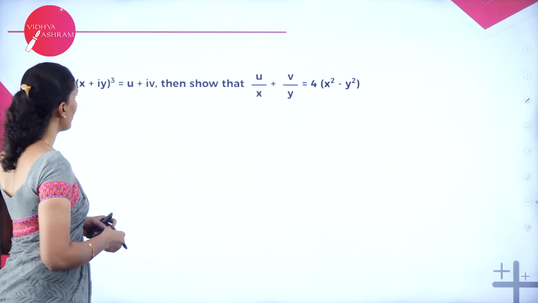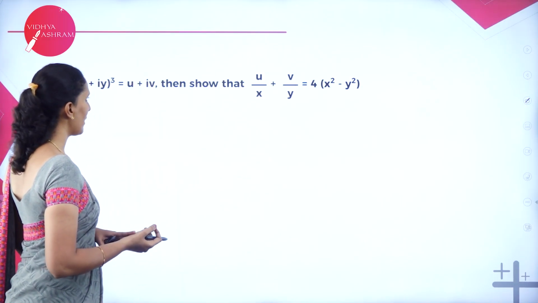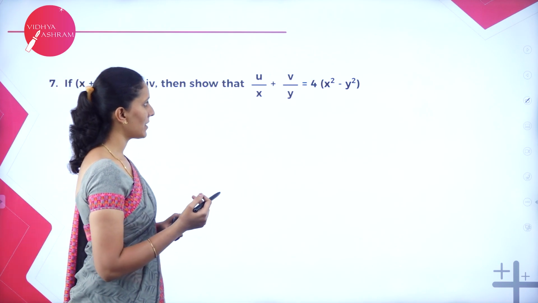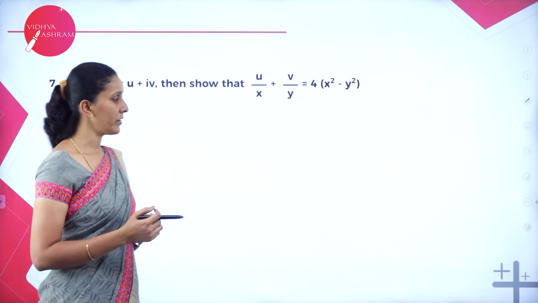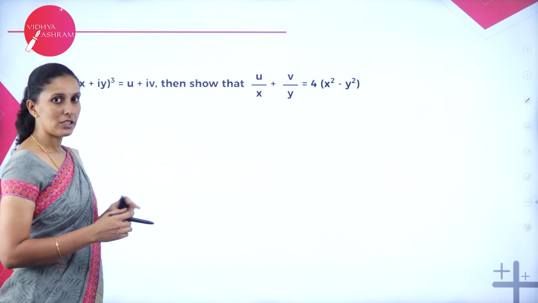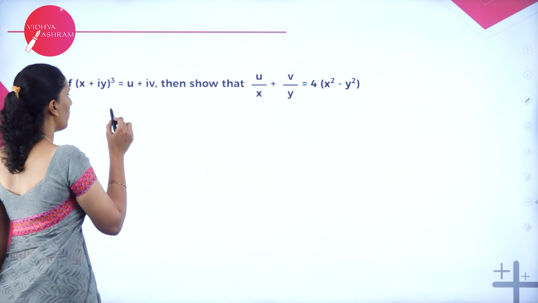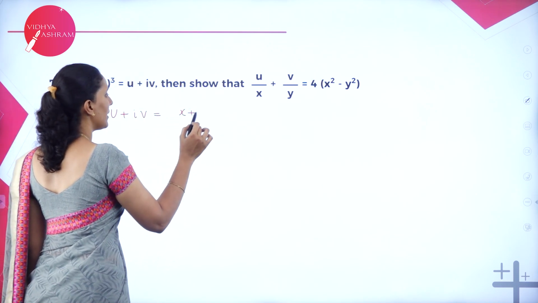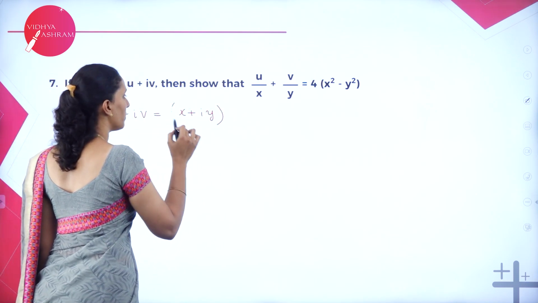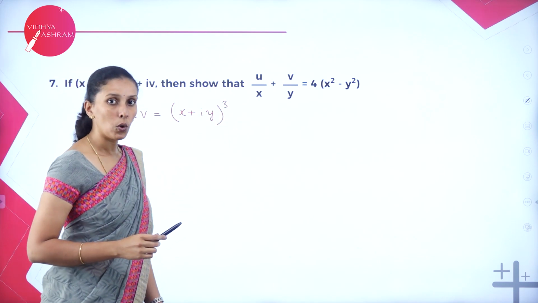Next, if (x plus iy) whole cube is equal to u plus iv, then show that u by x plus v by y is equal to 4 times (x square minus y square). So we have this equation. Let us expand it. So u plus iv is equal to (x plus iy) whole cube. Use the (a plus b) whole cube formula.